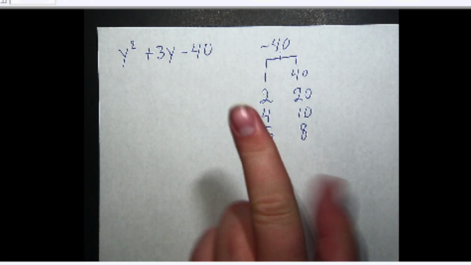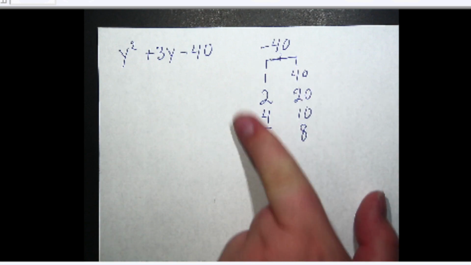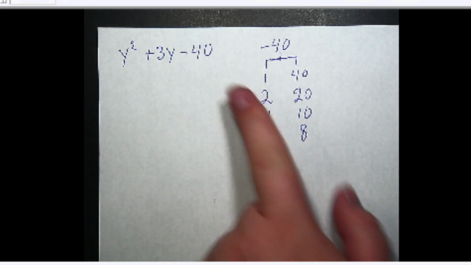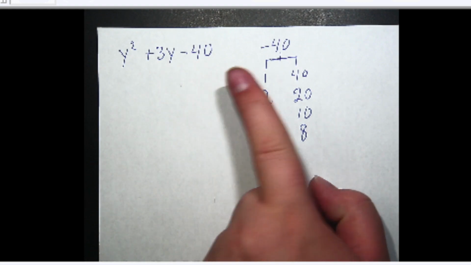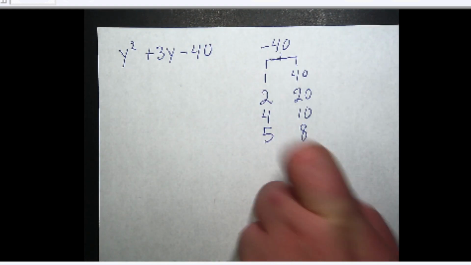All right, now remember, these need to multiply to get negative 40. So one of these pairs is going to get us 3 if we combine it, but multiply to get negative 40. So when we find that pair, one is positive and one is negative. So which pair can work that way?